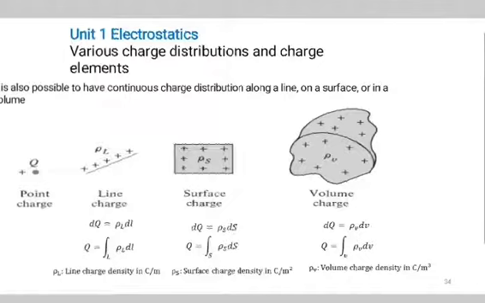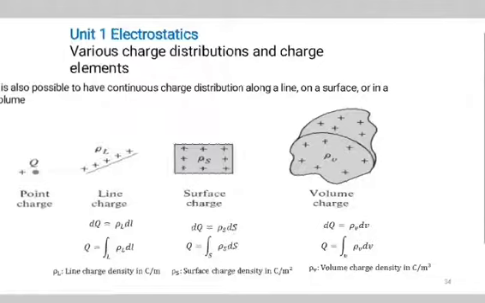Then next is electric field intensity by a surface charge. If we consider a flat sheet or circular sheet which is placed at the origin, then consider a small incremental area ds on the surface under consideration. We will consider the field point located on the z axis at z equal to d.